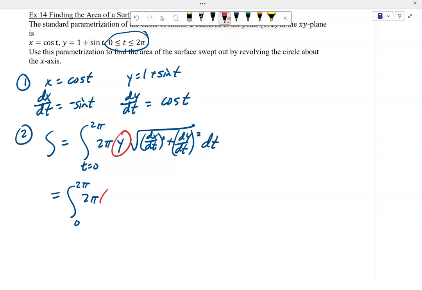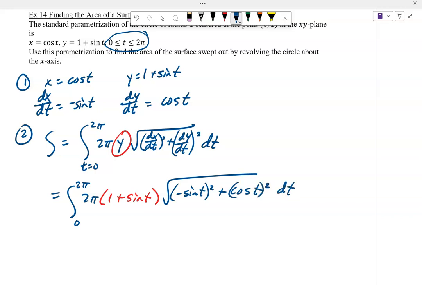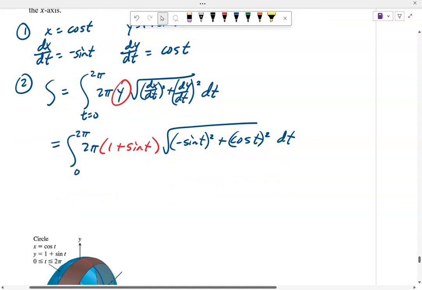Well, our y is 1 plus sine of t. And then we've got dx dt squared, dy dt squared. Well, we know sine squared t plus cosine squared t is 1.